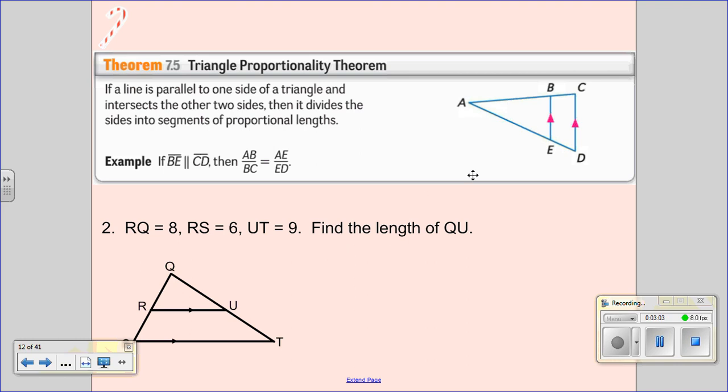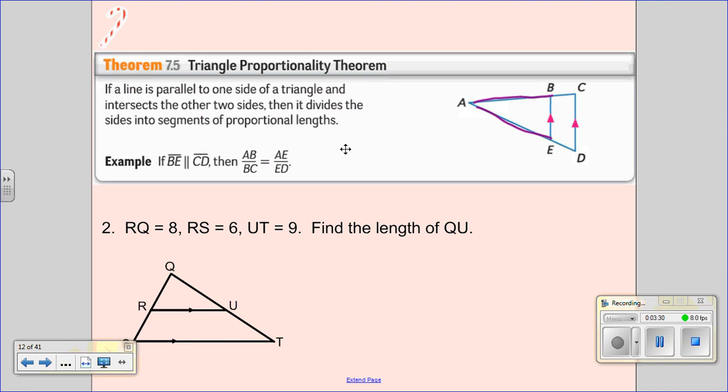So in this picture, it shows you that segment BE is parallel to segment CD, indicated by the little red arrows. Since those are parallel, then we know that AB, which is here, is proportional to AE.